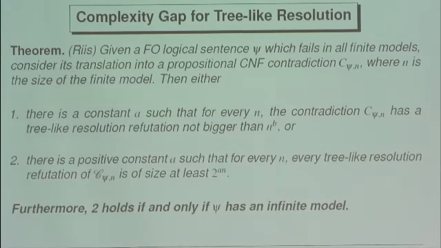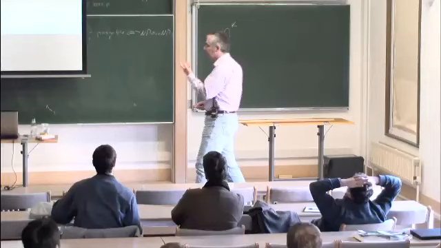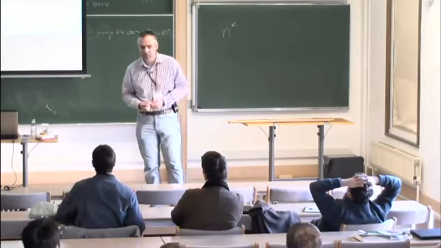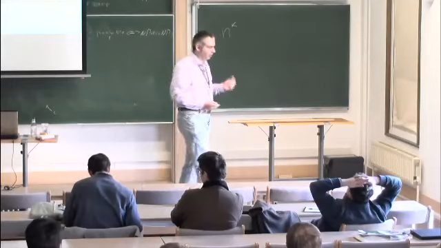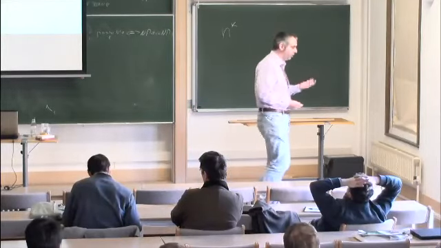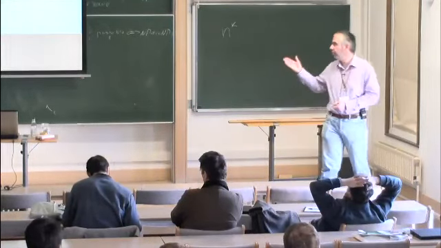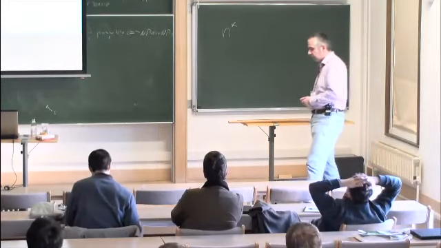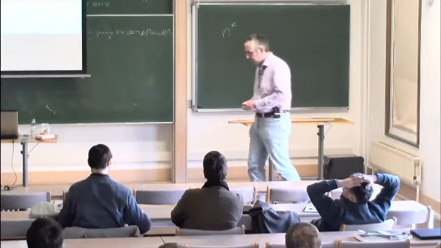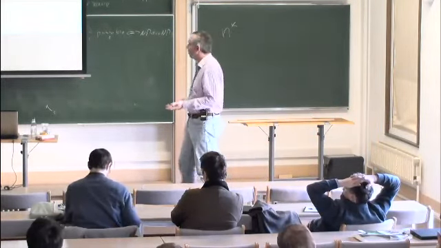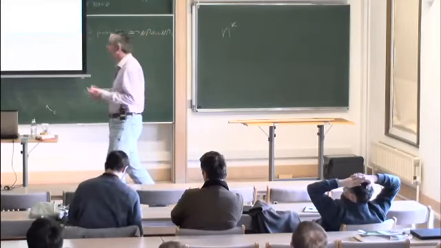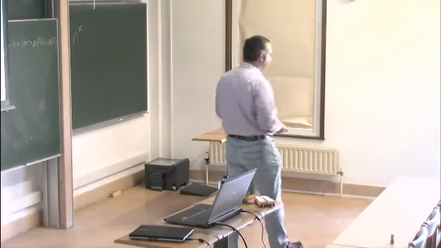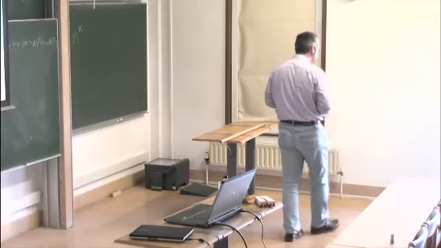And this is something, you may or may not share my opinion, but it is something which is really nice. Even though it talks about a very weak proof system, tree-like resolution, it's a result that gives you a lower bound for a very large class of propositional contradictions, not just for a single contradiction.